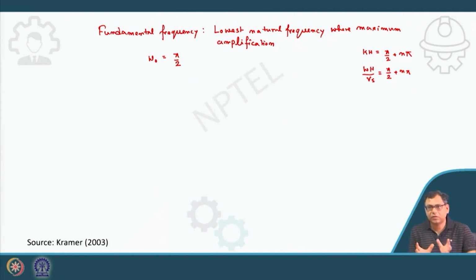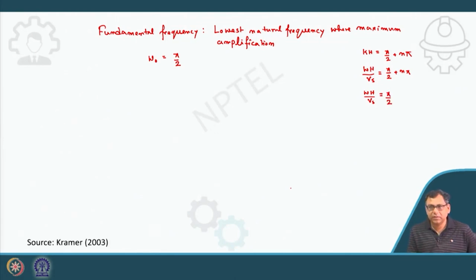So that is actually the cos term, the cos kh or cos omega h by Vs. So this cos omega h by Vs I can also express in pi by 2. In that case, this is the first, I mean the lowest natural frequency, the maximum amplification. The first lowest one will be omega h by Vs equal to pi by 2.